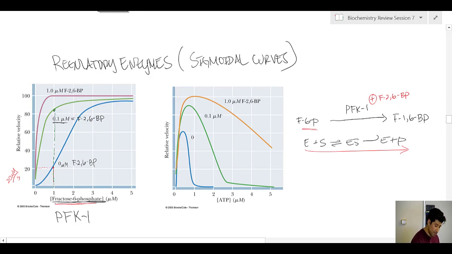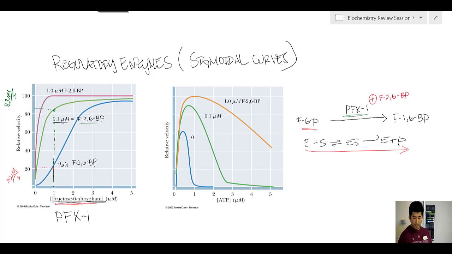It just shot up to about 83 micromolar per second. So what do you think this fructose 2,6-bisphosphate is doing to this enzyme? Is it making it work faster or slower? It's making it work faster, and that right there is an allosteric activator. Good job.